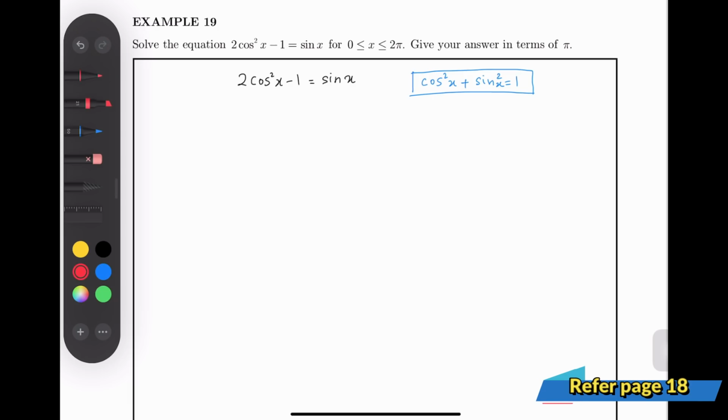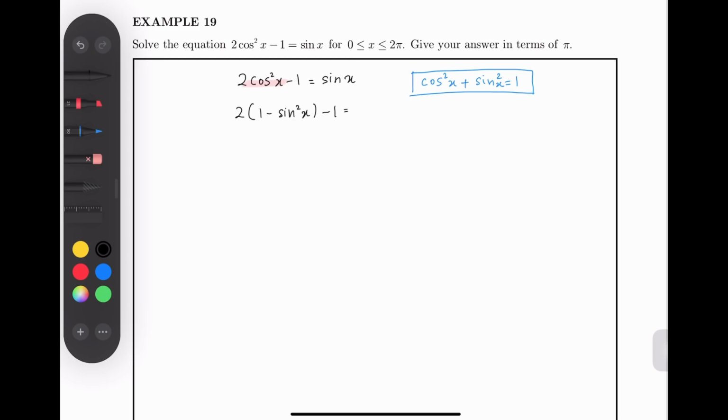So we have to replace cos square x, substituting with 1 minus sin square x, followed by negative 1 equals to sin x.